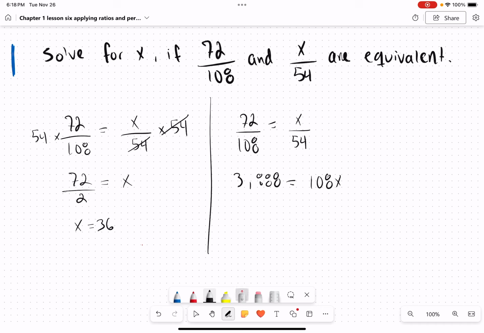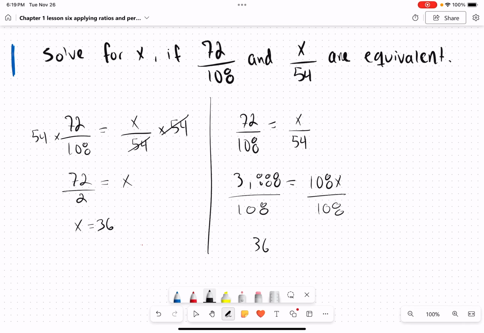Again, what's going on between these two is multiplication, so we must divide by the coefficient there, which is 108. What I do to one side, I must also do to the other. 3,888 divided by 108 is just going to equal 36.